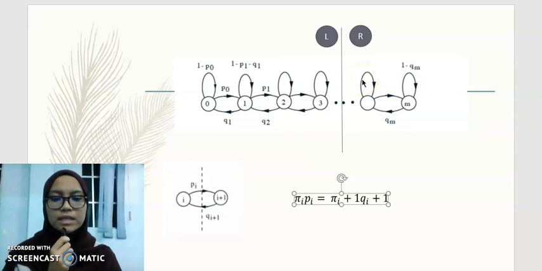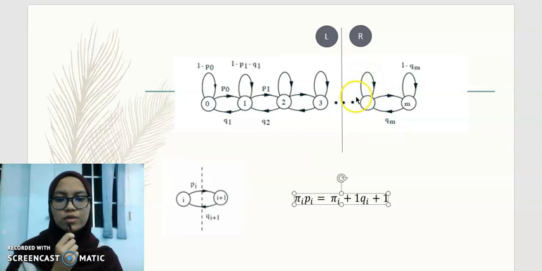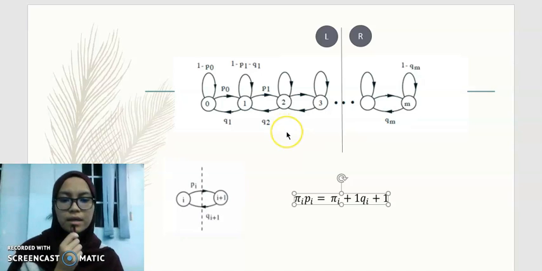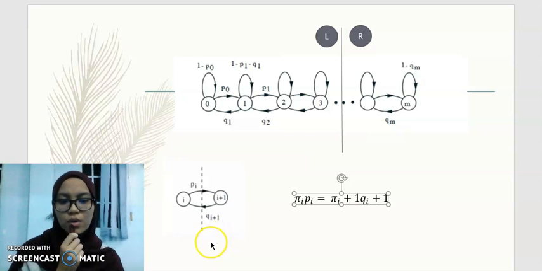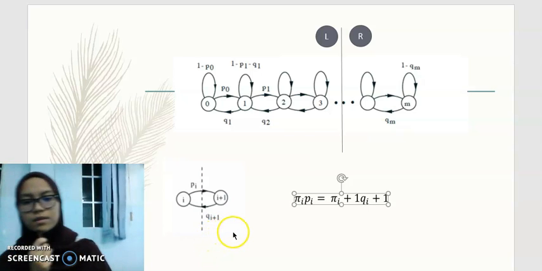Now when it is on the right side, it is going to move around as well, and then at one point we will come back to the left part again. And this is a transition from i plus 1 to i, and so on and so forth.